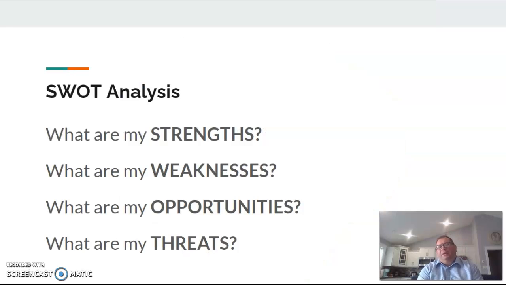All of this, for me anyway, begins when I start to think about what I want out of life. Oftentimes I need to start with a SWOT analysis. If you haven't seen this before, it's a very simple concept: understanding what your strengths are, what your weaknesses are, what the opportunities are that lie ahead, and what the barriers, the threats, are that will get in the way.